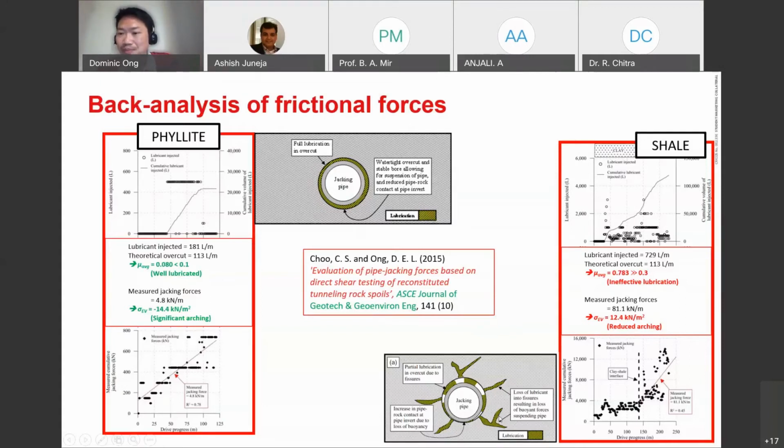In this case, your sigma EV gives a positive value, showing reduced arching. On the left-hand side, sigma EV for phyllite is minus 14.4, a negative value, which shows that arching is happening, and that consistently explains why the jacking forces for phyllite are much lower compared to other types of materials.